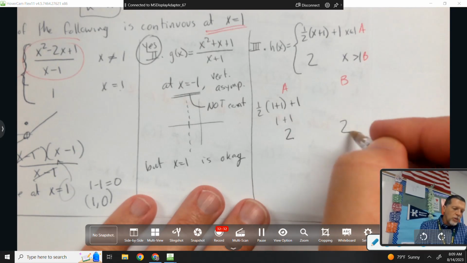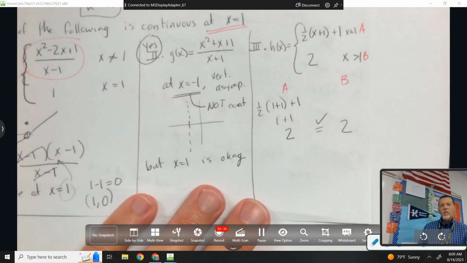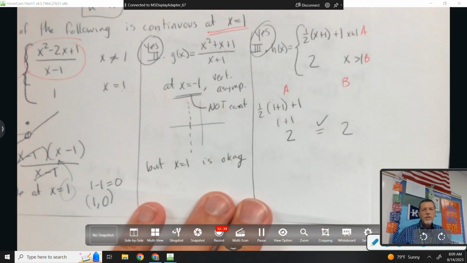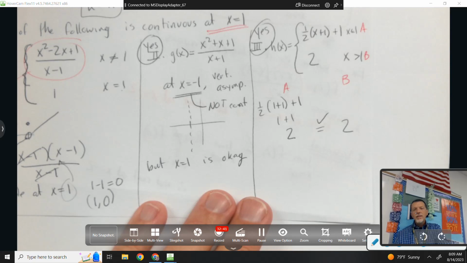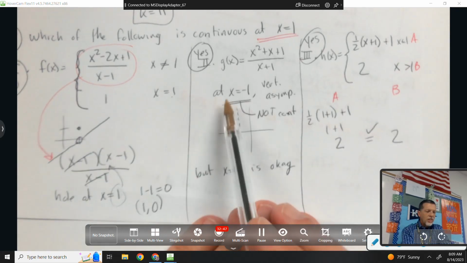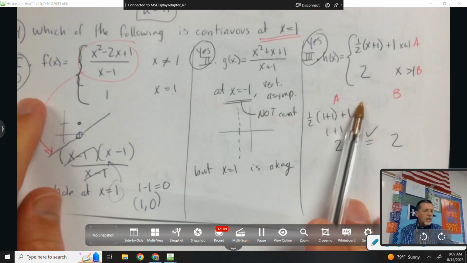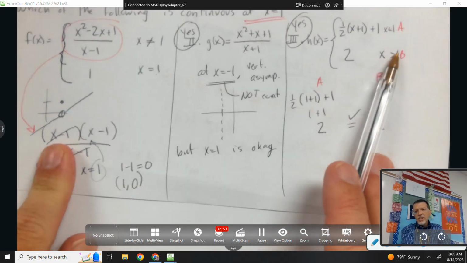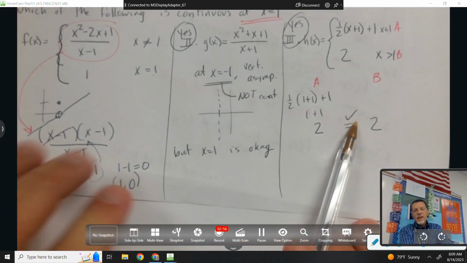The answer is just 2. And so, yes, that is continuous at x equals 1 because the left and the right matched. So 2 was just kind of tricky, but 1 and 3, 1 was a hole, 3 was potentially a jump, but not a jump. They made them match up.